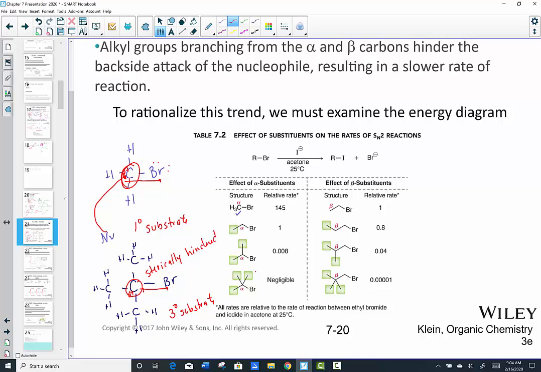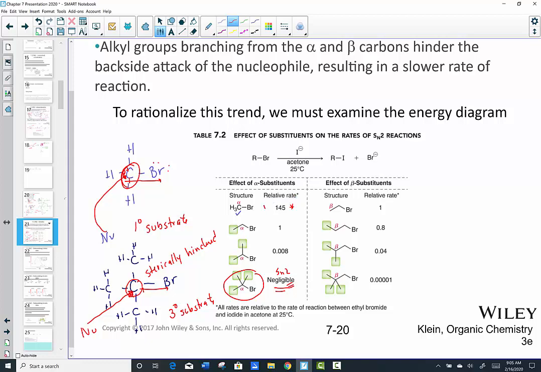So much so that by the time I have a tertiary alkyl substrate, this carbon is so protected, so sterically hindered, that a nucleophile does not have the ability to get in there and attack the electrophilic carbon. So you can see that substitution reactions do not occur at all, and we would only have elimination occur at this point. So if I want to favor substitution, I want to have an electrophilic carbon that's not being hidden.